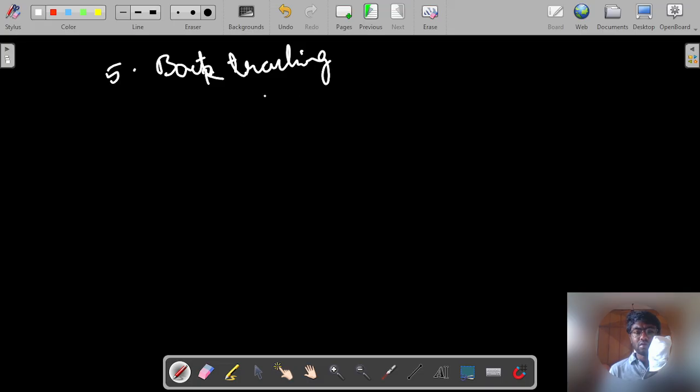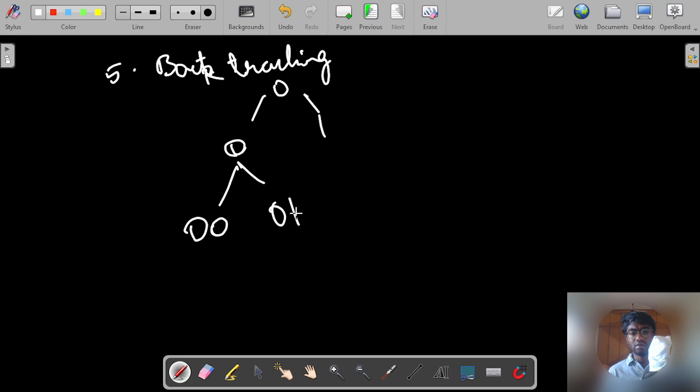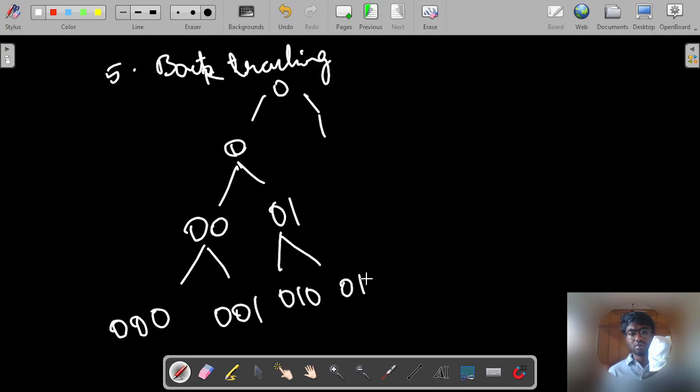What we do is, let's say we start off with 0 and 1, then we start generating patterns such as 0, 1, 1, or 0, 0, 0, 0, 1. So this can be 0, 0, 0, 0, 0, 1. The same can go here, 0, 1, 0, 0, 1, 1, something like this. So these can be possible patterns.